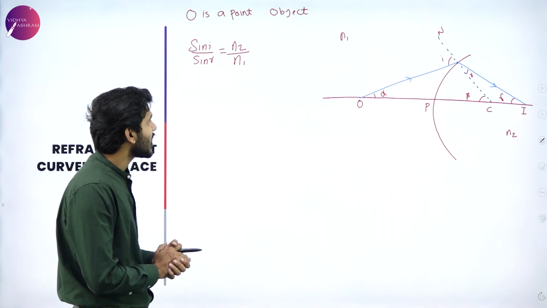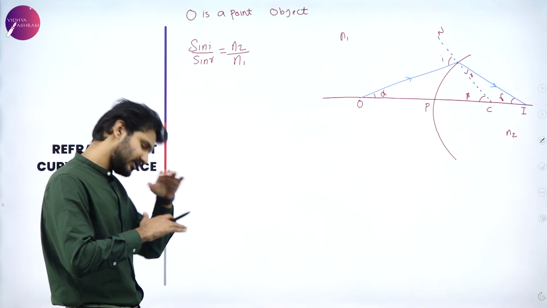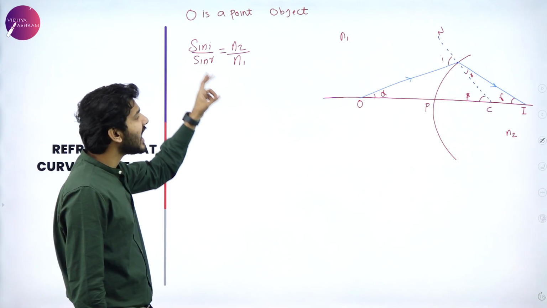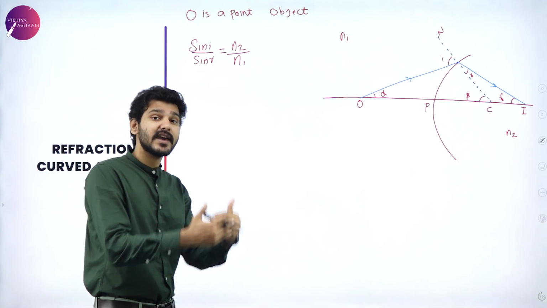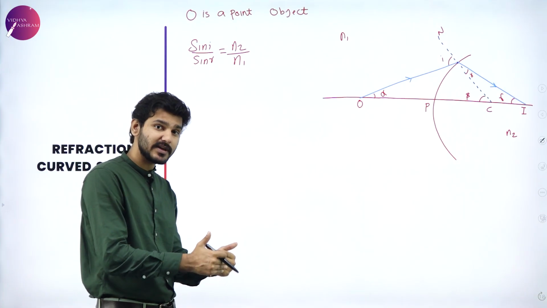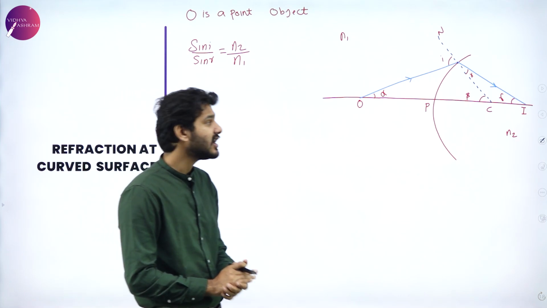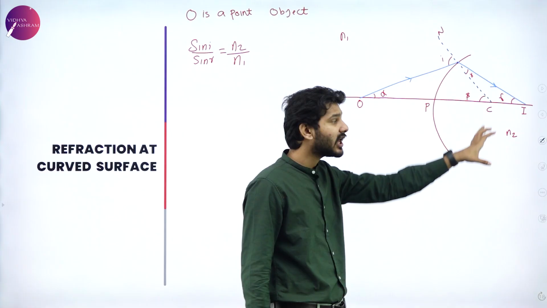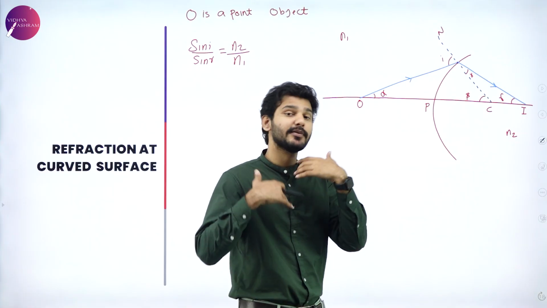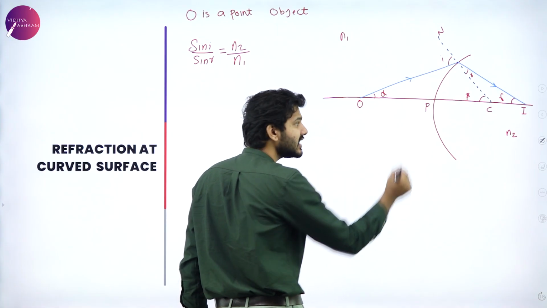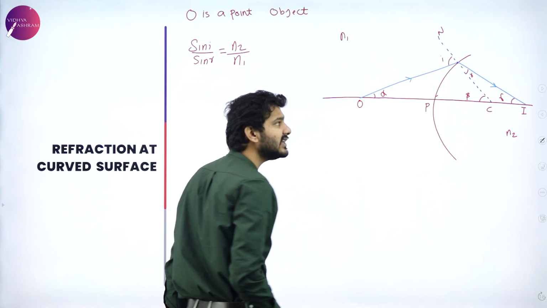From here, we take the general assumption we made already: since sine I is very, very small, we approximate sine I to I. This figure is drawn like this just for you to understand. In the actual situation, the point object is really close and the angle made by it is really small.